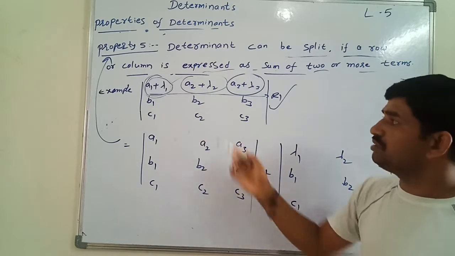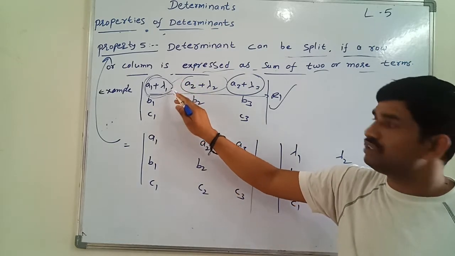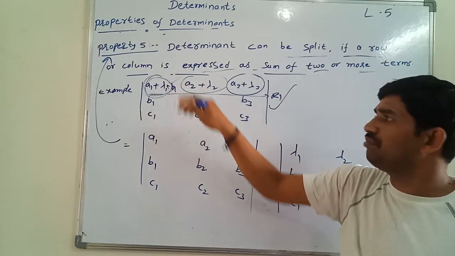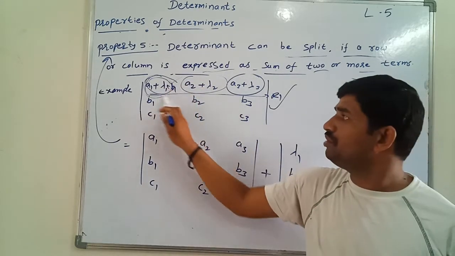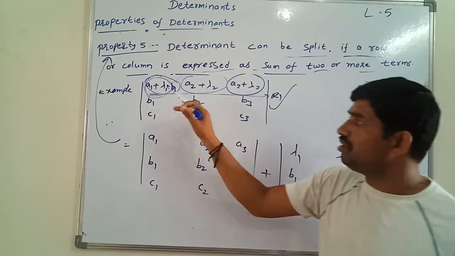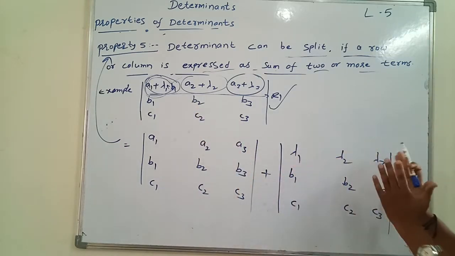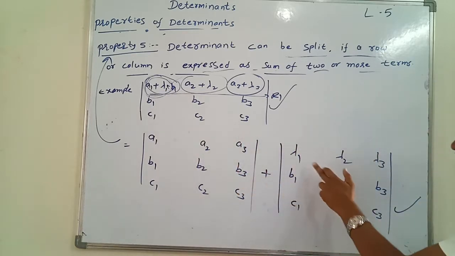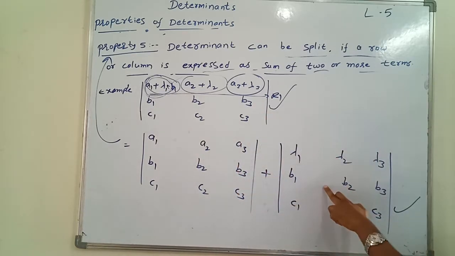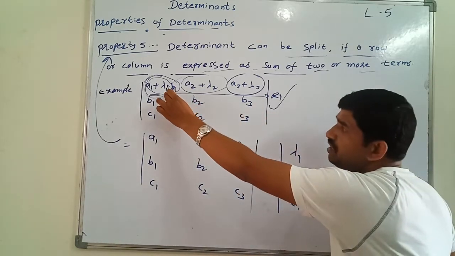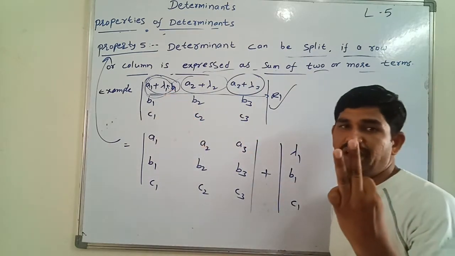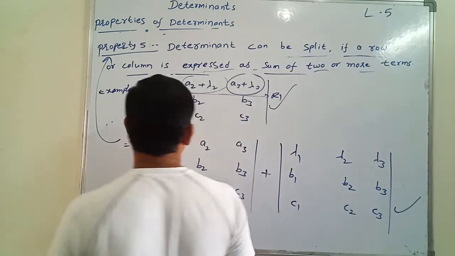In some situations it may be a sum of three terms, like a1 plus lambda 1 plus b1. Then we have to write three determinants. If it is a sum of three terms, we split the determinant into three determinants.